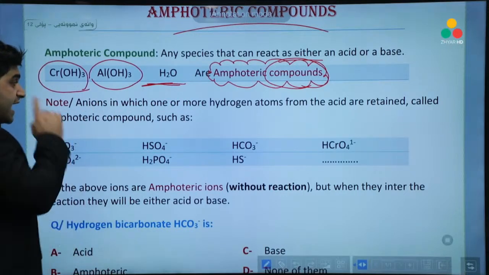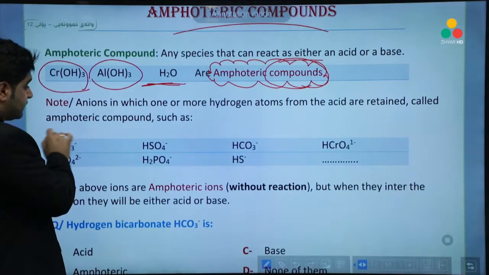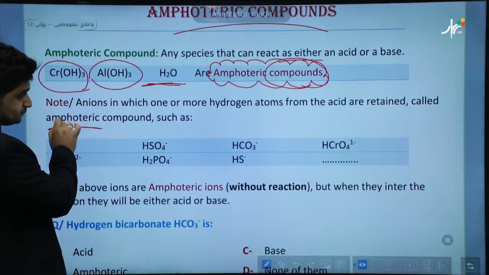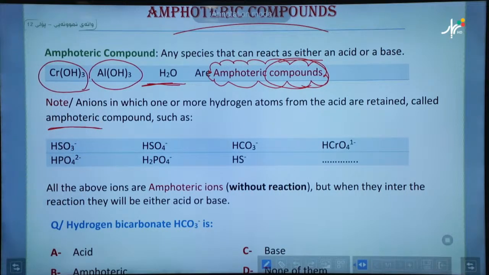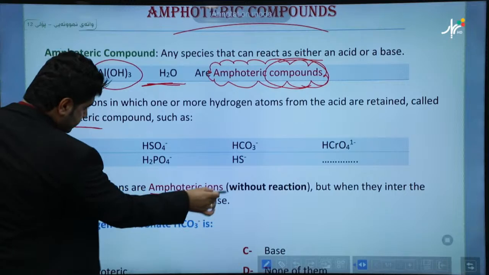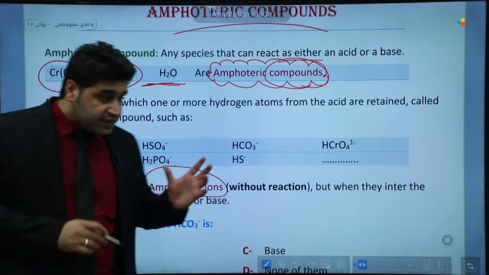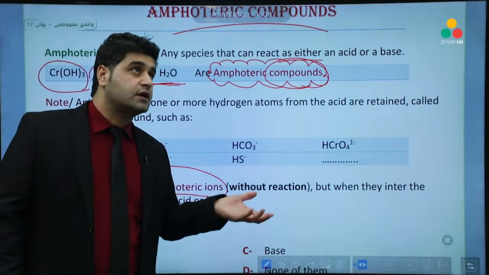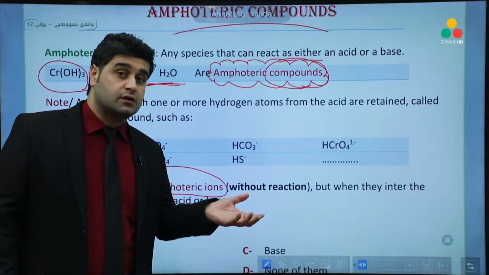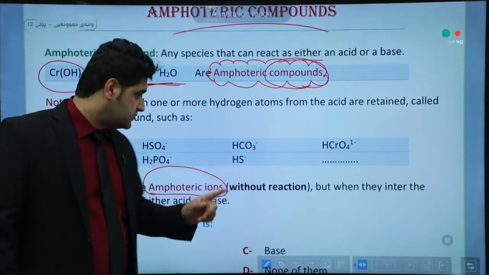And again, we have amphoteric ions. We have something that can receive or lose a proton, but they are charged.